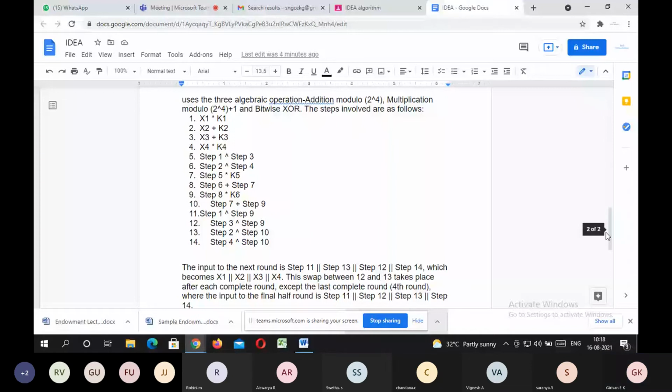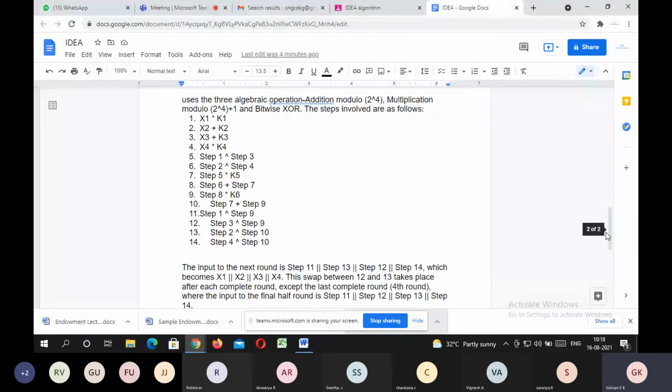So you can see there is a sequence of numbers from 1 to 10: X1 K1, X2 K2, X3 K3, X4 K4, then step 1, step 3 odd numbers, then step 2, step 4 even numbers. Like that you can remember.